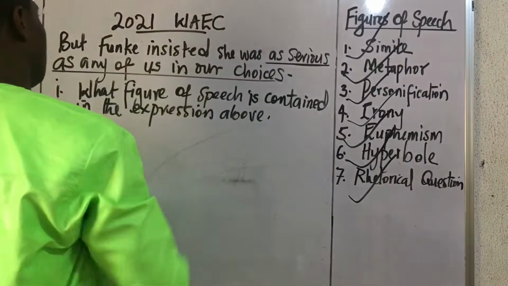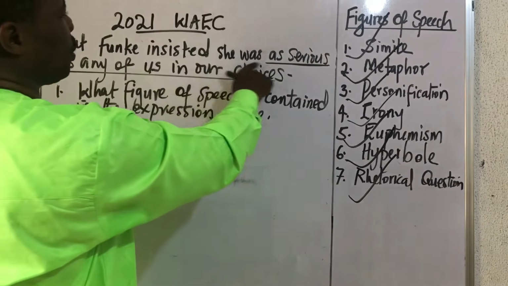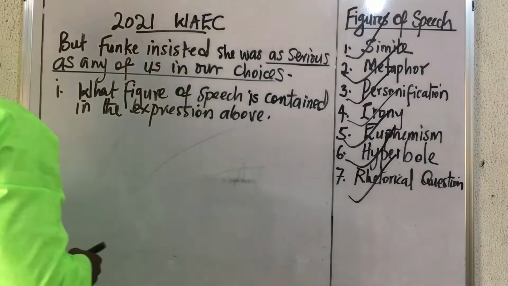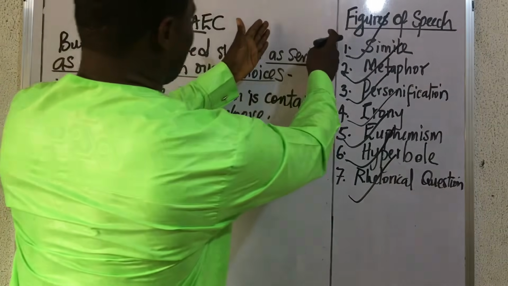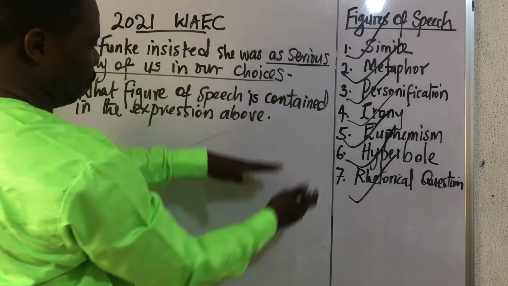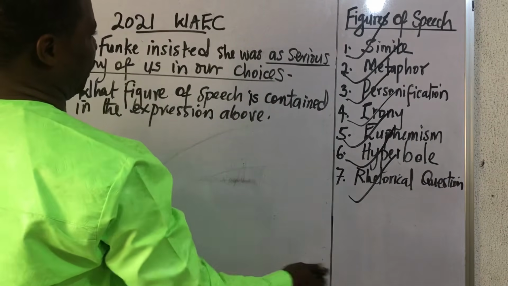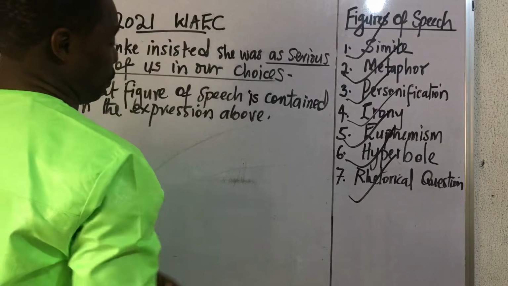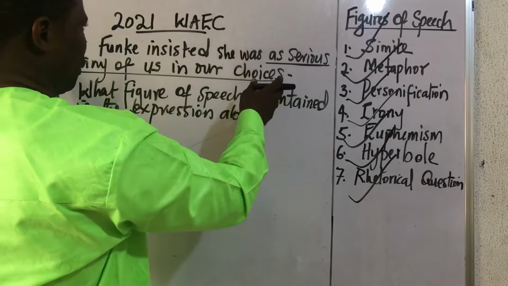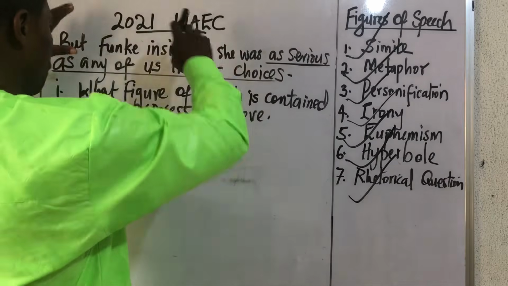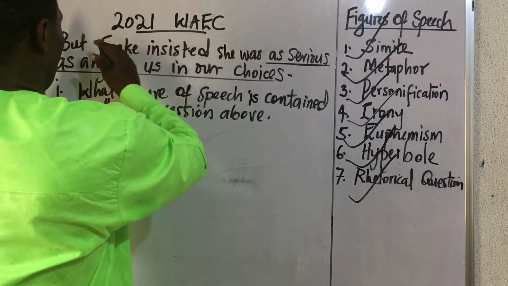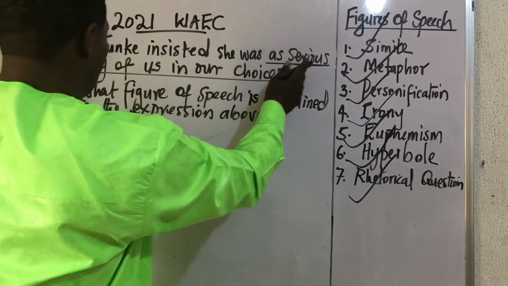2021 WAEC. Beth Funke insisted she was as serious as any of us in our class. So you can see the part that we are considering is as serious as any of us in our class. And this is the part that usually is placed under the comprehension passage. So to be able to understand the full context, you can go to the passage and locate where it is underlined, and then consider the complete expression.